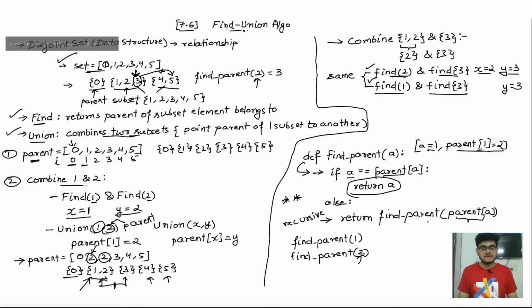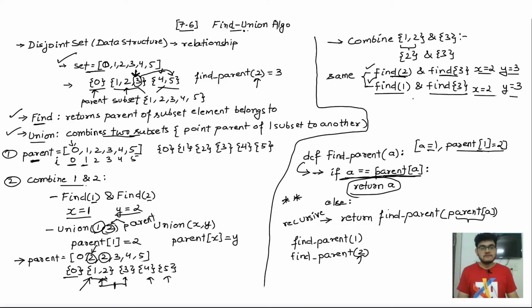We are making recursive calls, and at each recursion I am giving the parent of the given node, right? We are not going to return a value until we obtain the parent. Until the value that we are passing is equal to the parent of a, we are not going to return out of this function, right? So now you can see the value of x will be equal to 2.